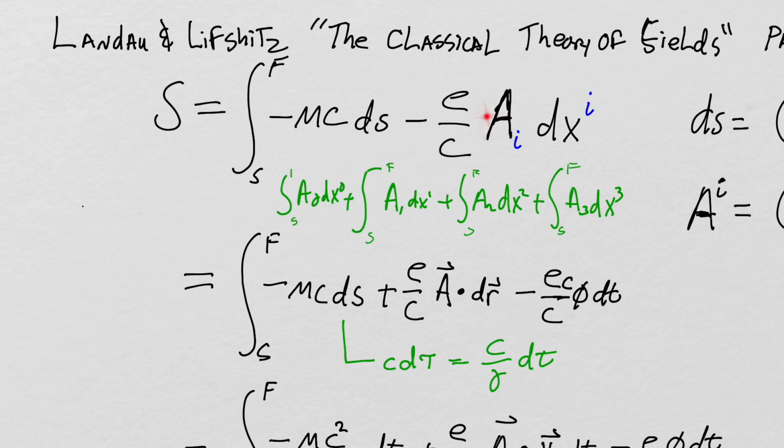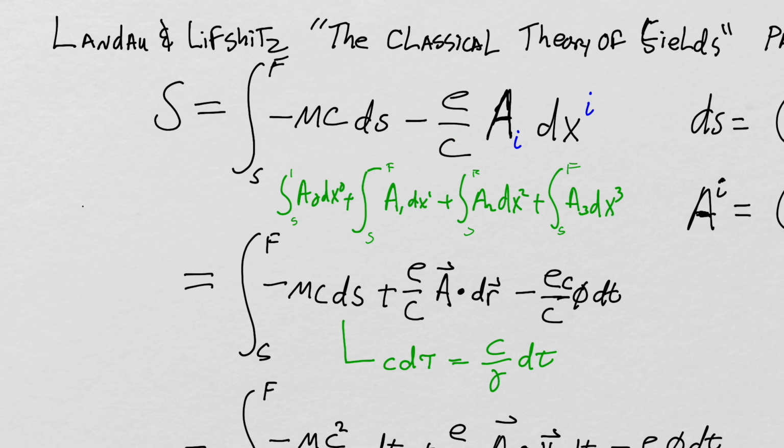So there's no point in calling this C with some proportionality constant, or just C without one, and then later pulling out constants. So we're just going to start with e over c to begin with. But understand, you could just call this A, leave these out, get to the end, and then start playing around with units and deciding what units you want to study and pull units out. But we're going to just do that from the beginning in this case.